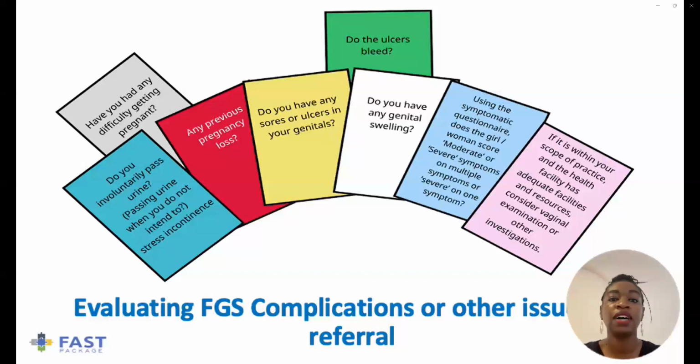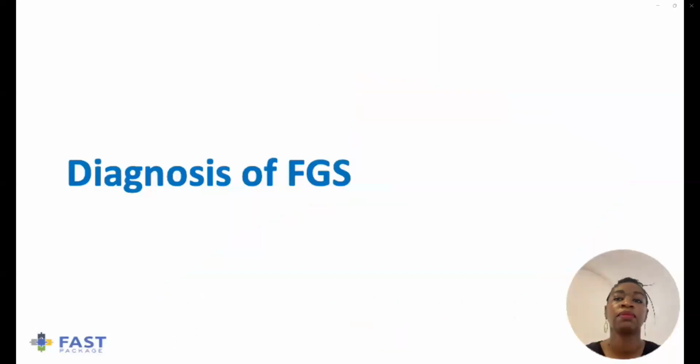That means referring if you're not able to do the speculum exam, because that is definitely the next step before you even reach the laboratory aspect. So how do we diagnose this? Remember, from screening, we took a bunch of people who are well or who you think might have your disease of interest.